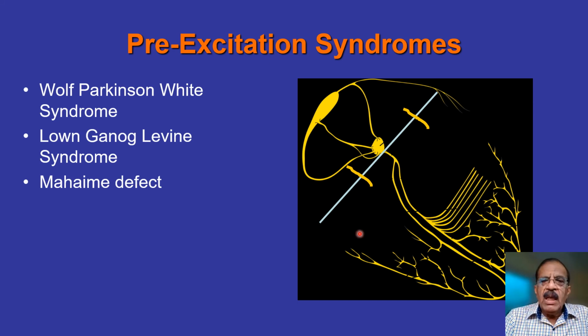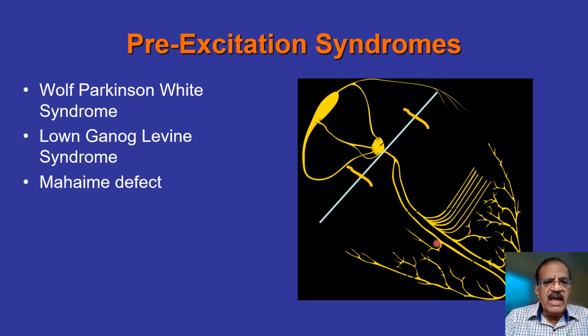I think if there is a right bundle branch block and one of these, that is also called bifascicular block.